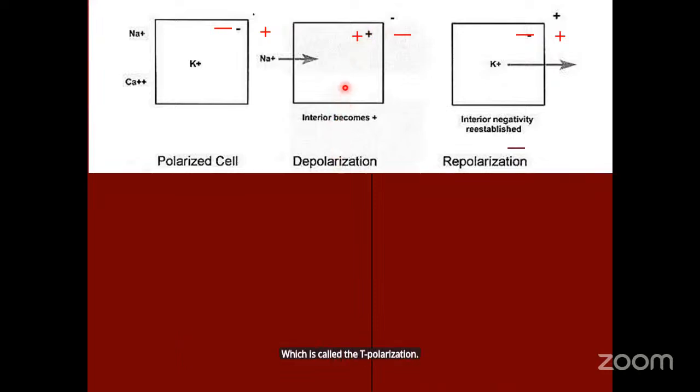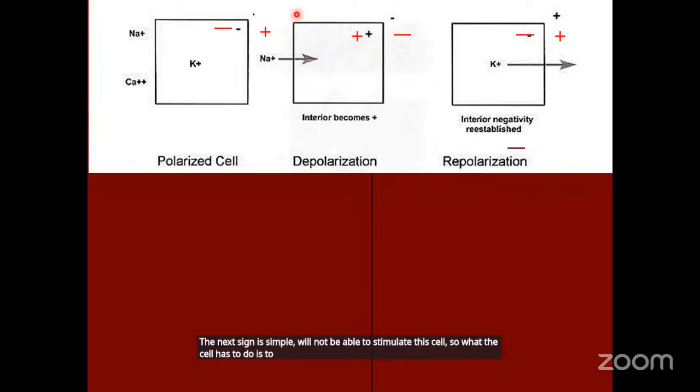So depolarization is the opposite of polarization, where the inside of the cell is positive and the outside is negative. If the cell stays in the same state, the next sinus impulse will not be able to stimulate this cell. So the cell has to come back to the original state of polarization.